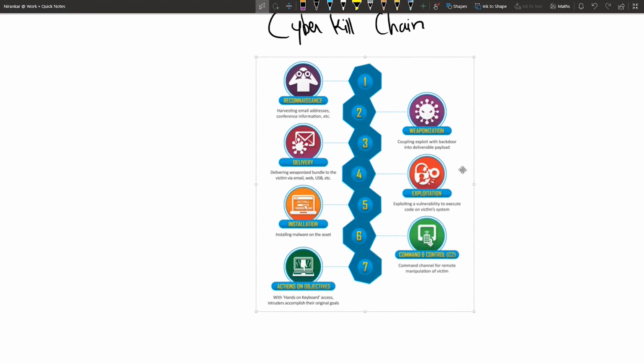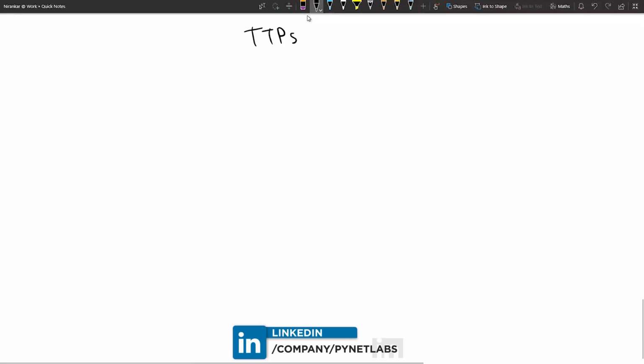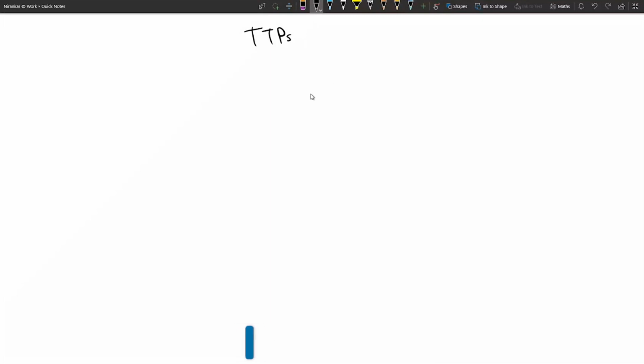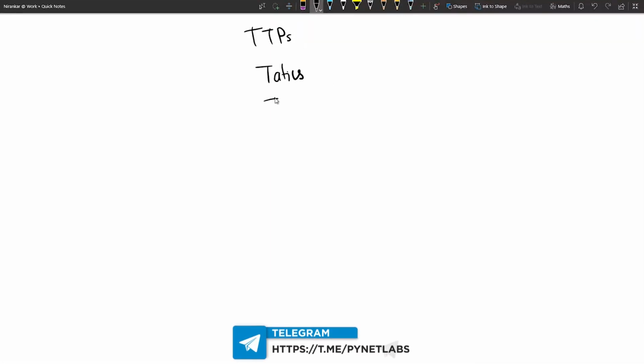Now, we mentioned the term tactics, techniques, and procedures. It is also known as TTPs. The s is small over here. The term tactics, techniques, and procedures.